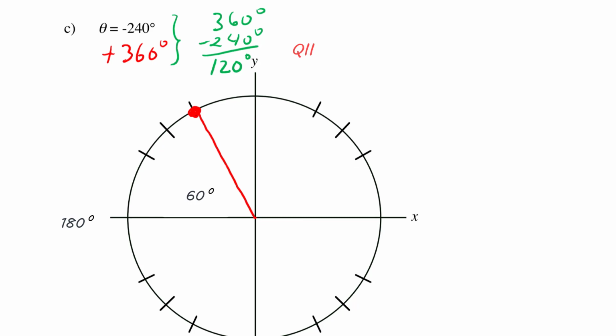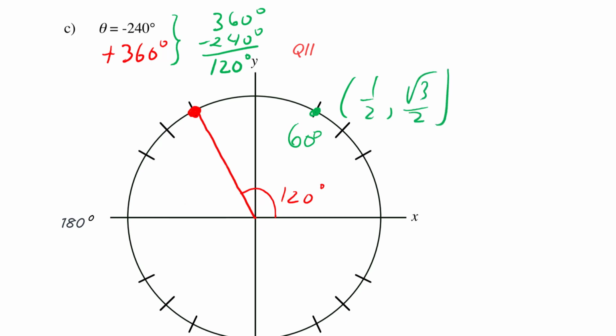It's 60 degrees away from 180, the negative x-axis. And that means that we'll want to look at the 60-degree angle and its ordered pair, which is 1/2, comma, square root of 3 over 2. That means in quadrant 2, in which the x is negative and the y is positive, the ordered pair at 120 degrees is negative 1/2, comma, square root of 3 over 2.